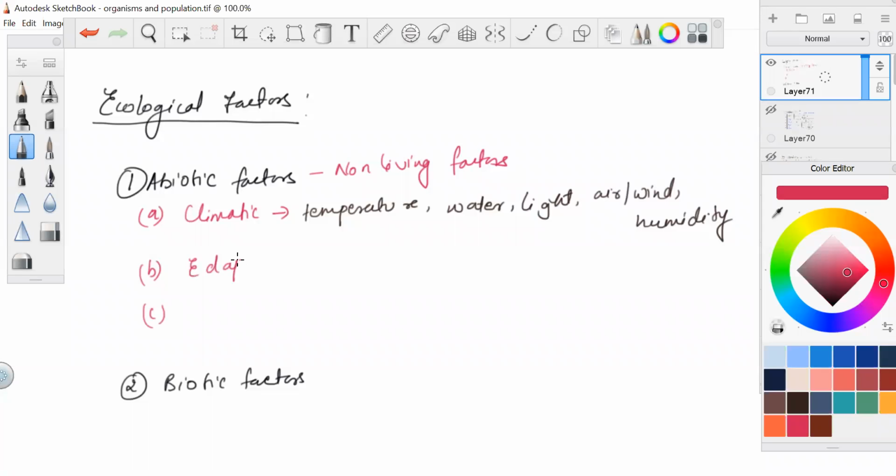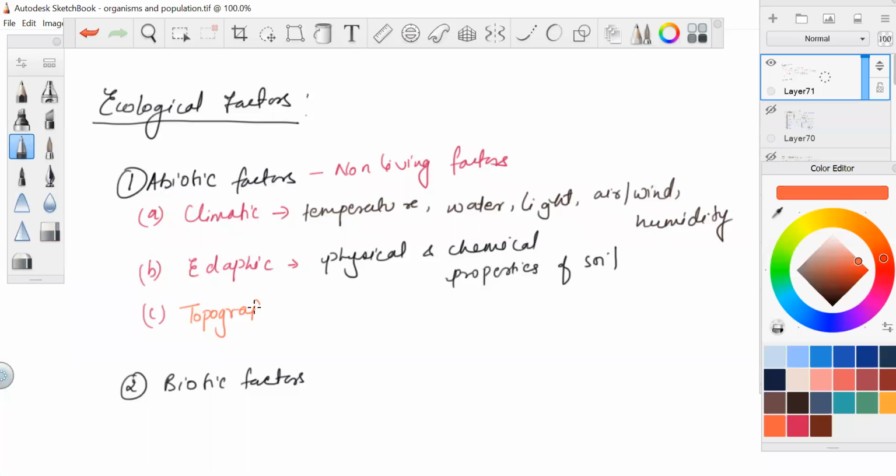Next is edaphic factors. This comprises the physical and chemical properties of soil. And next is topographic, that we have seen just now, the climatic zones on the basis of.